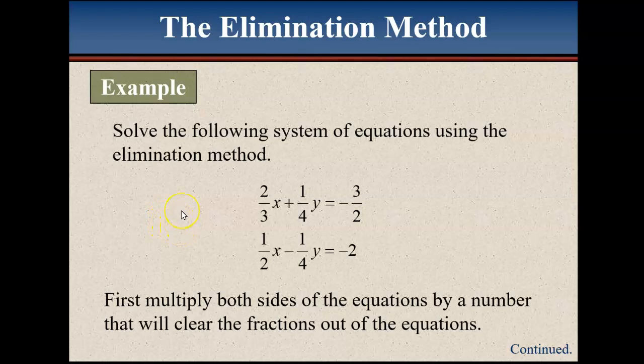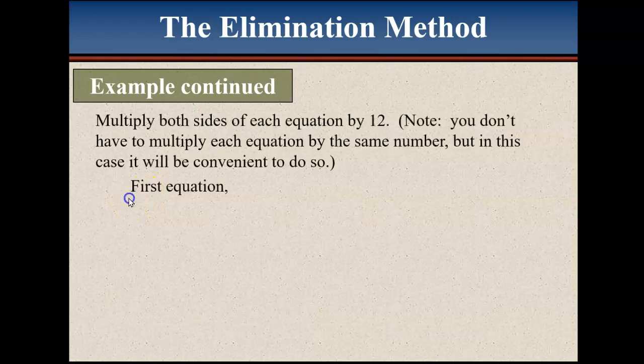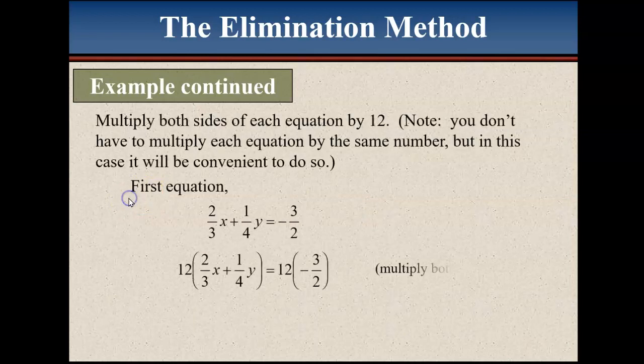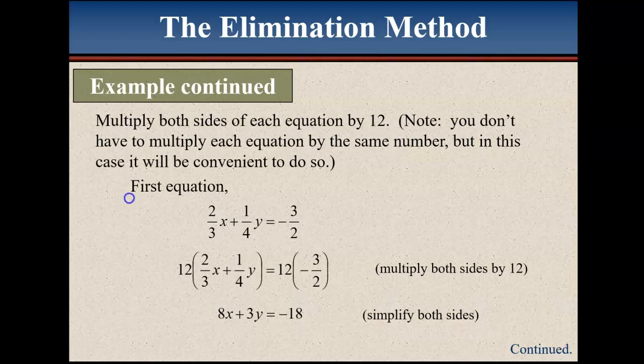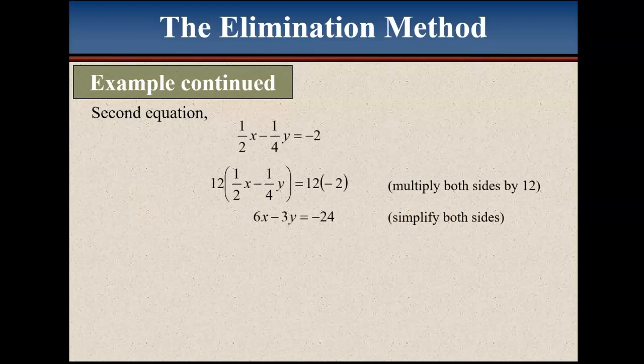Actually, I would just go ahead and add those, but they want to clear the fractions first. So in the first equation, they're going to multiply through by a common multiple of 12 on both sides. So you have 8x plus 3y is equal to negative 18. And then the second equation, they're going to multiply through by 12. And then you get a new equation.